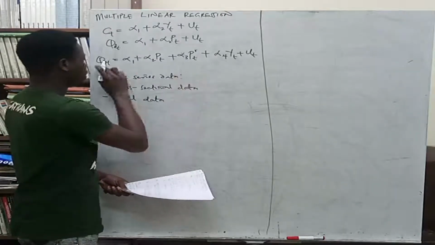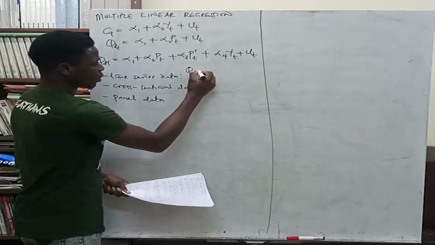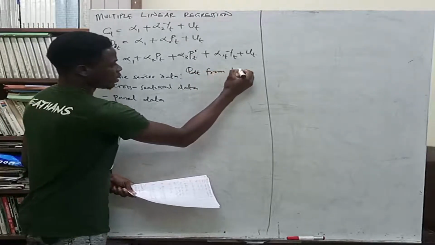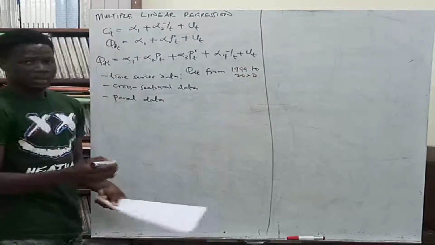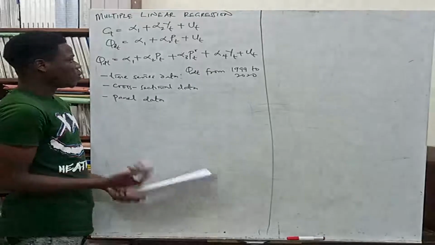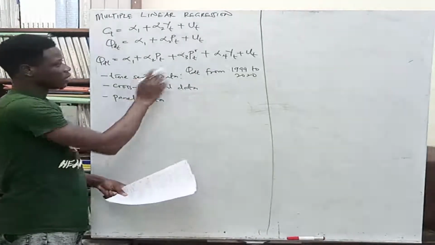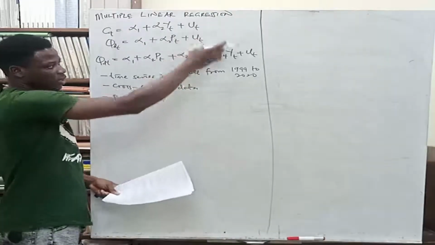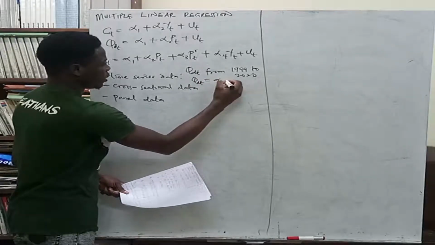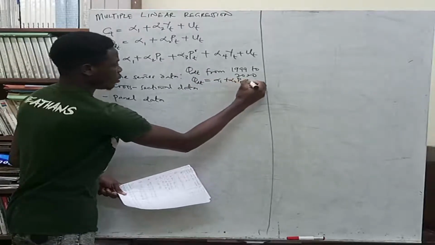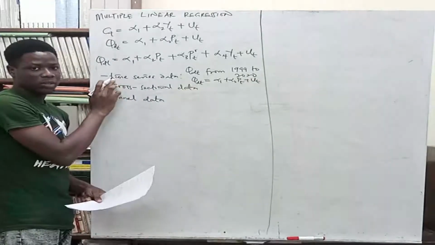Probably you're talking about the demand model, you collect the quantity demanded from, let's say, 1999 to 2020. That's the time series data. And how we know we're working with a time series data is it comes with a subscript T, just like the examples I've given here. Anytime you see alpha 1 plus alpha 2 pt plus ut, the subscript T indicates you are working with a time series data.